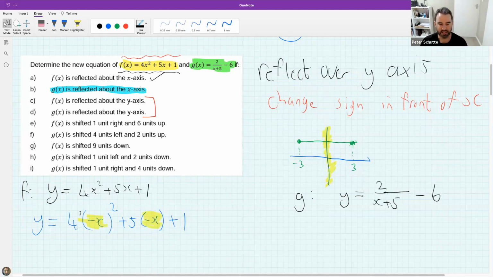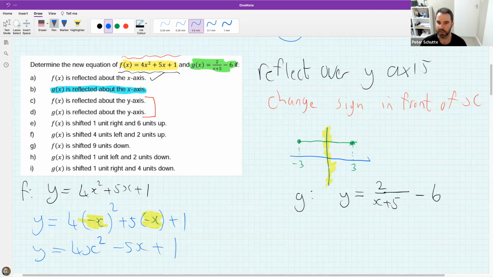So what do we think our final answer is going to be for f, for reflecting it over the y-axis? Give you a bit more time. Well, I think minus x squared just ends up being 4x squared. 5 times minus x gives me minus 5x, and then plus 1.